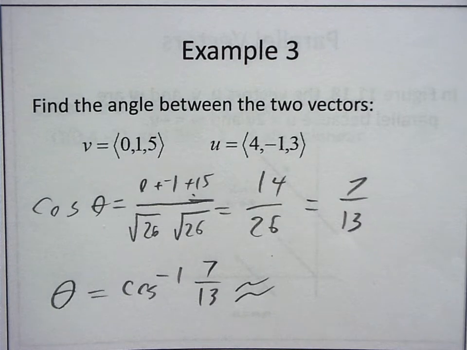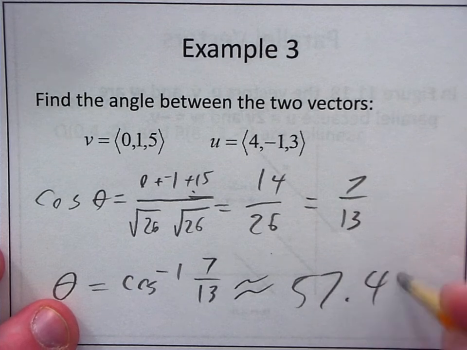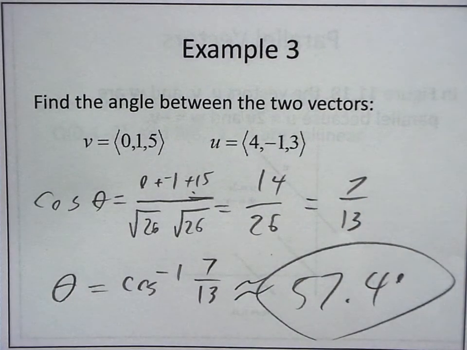My guess is that's radians. Oh yeah. Good guess. What do you end up with? 57. Anybody else? 57.4? Okay. Not too bad.